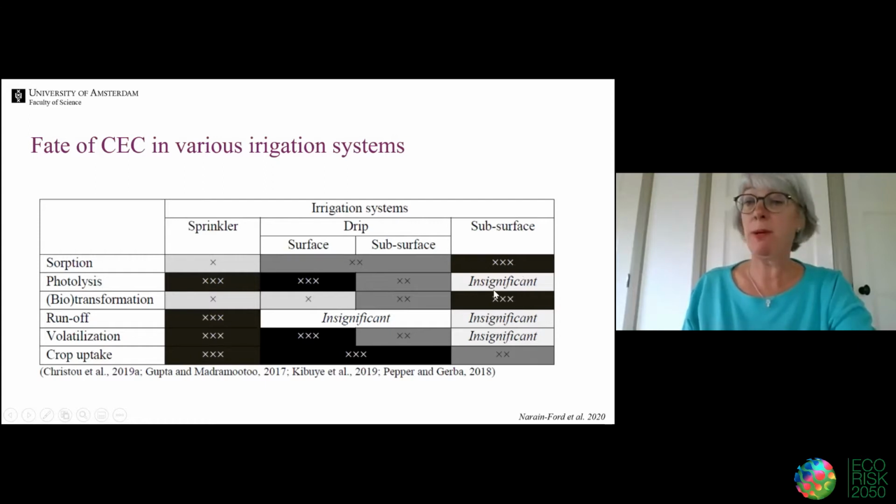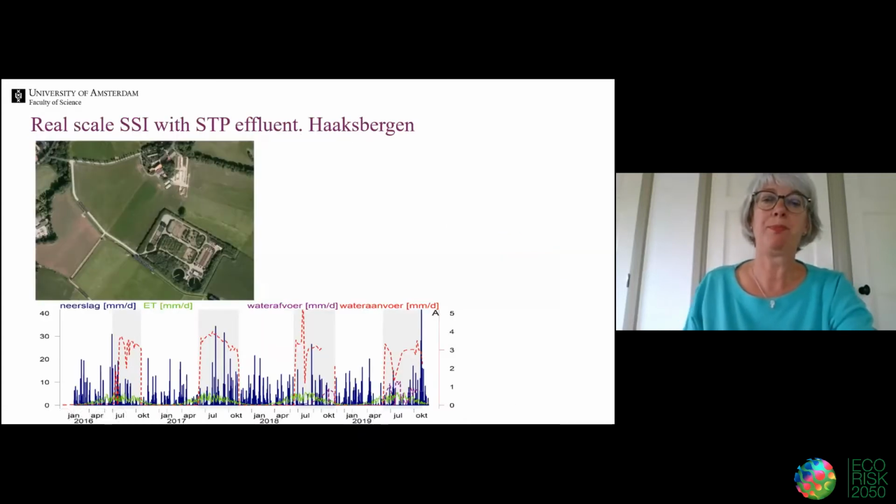We expect that both sorption and transformations will happen much more in the subsurface irrigation system compared to the other commonly used irrigation systems, which are normally surface irrigation systems. This table comes from a review by Dominique, which was published in 2020.